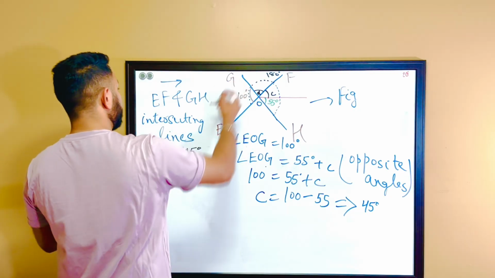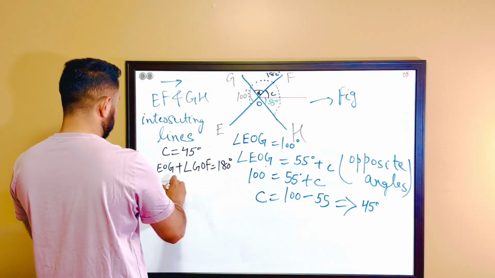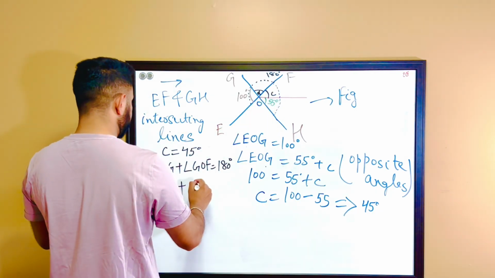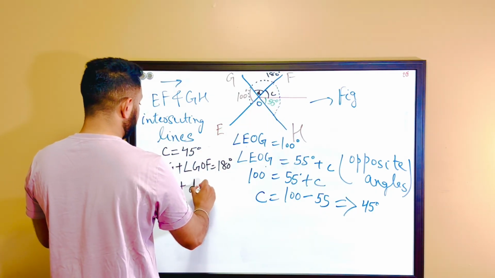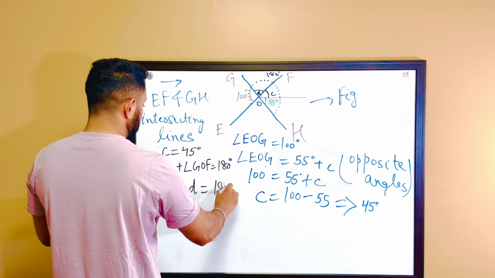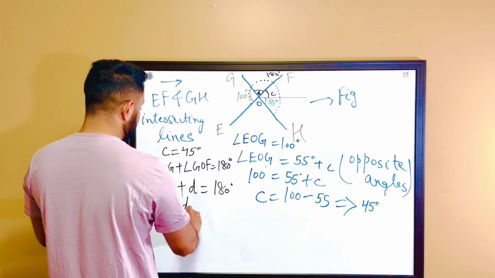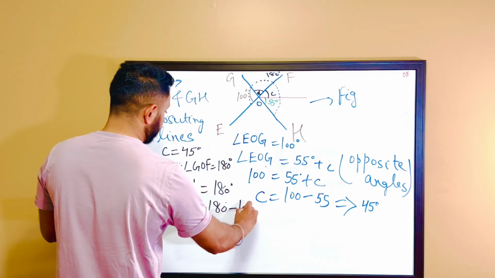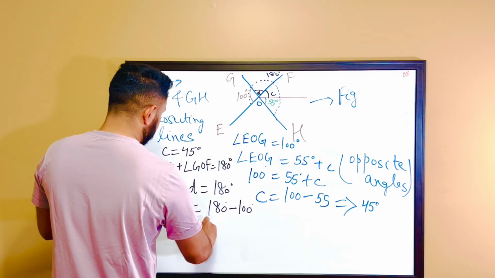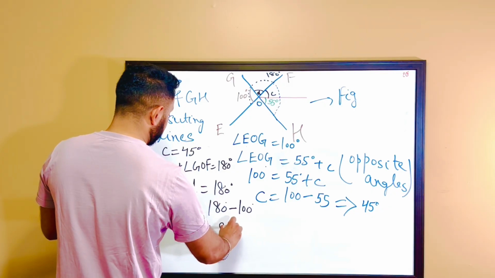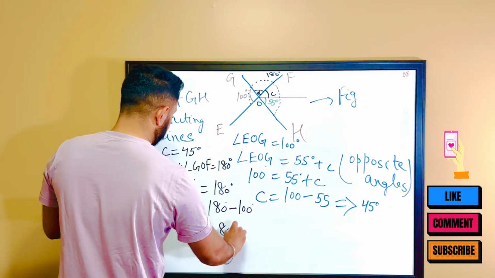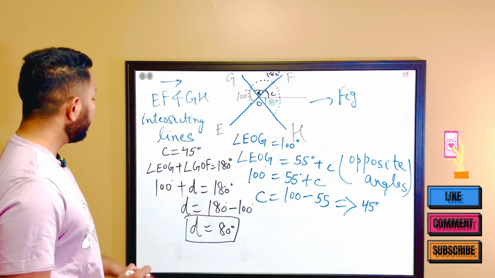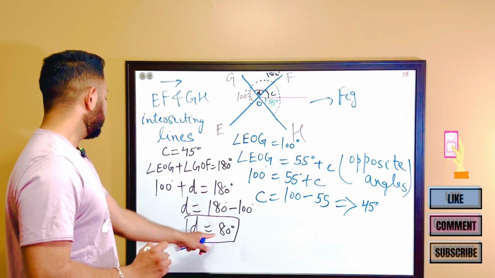So EOG is 100 degrees and GOF is D that we need to find out. So D is 180 minus 100. So it comes out to be 80. So C is 45 degrees and D is 80 degrees.